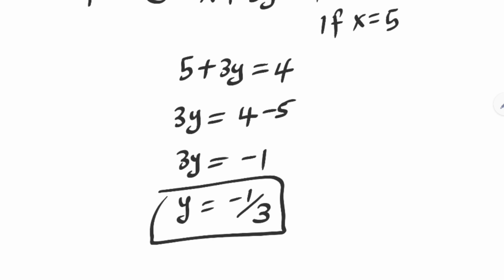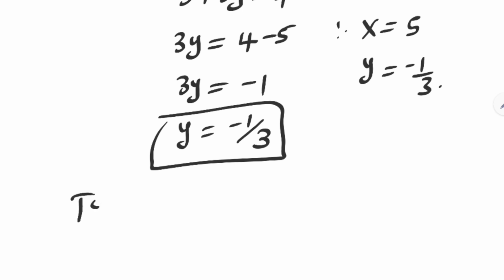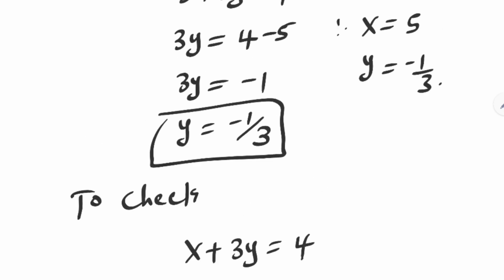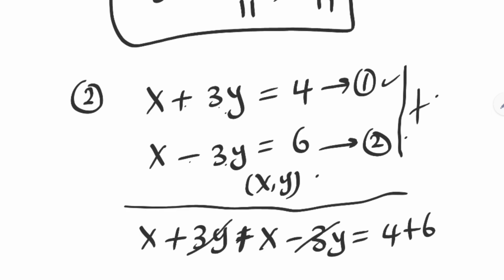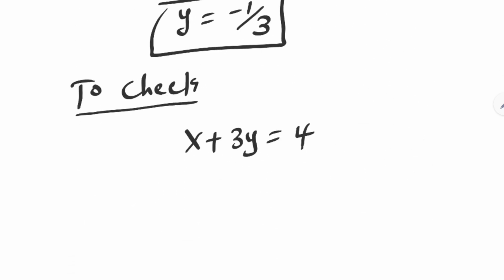Let us check to confirm if these two answers are right or wrong. Therefore, x is equal to 5, y is equal to minus 1 over 3. To check, we have the given equation x plus 3y is equal to 4. Then number 2 is x minus 3y is equal to 6.